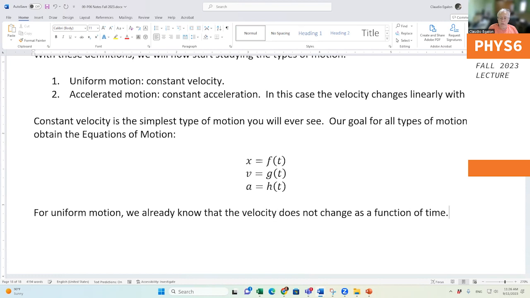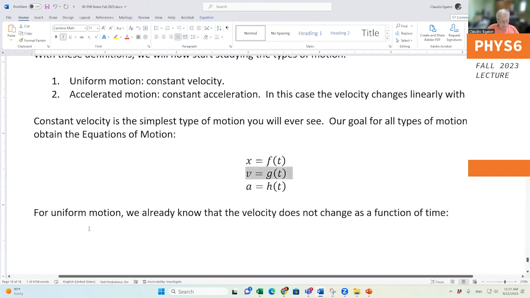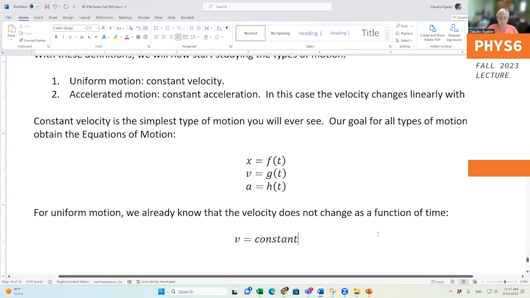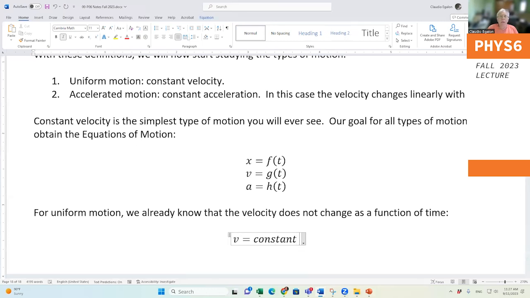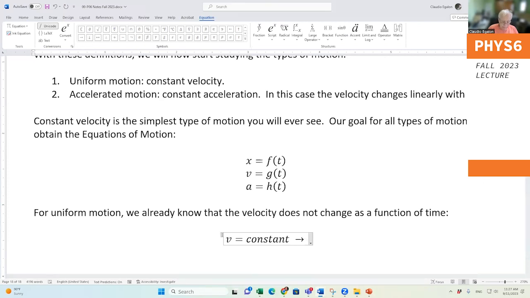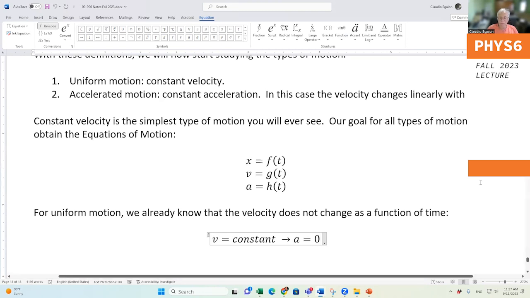In other words, the velocity alone is constant for this special case, which implies, because the velocity is constant, and I mentioned that before, that the acceleration is 0.